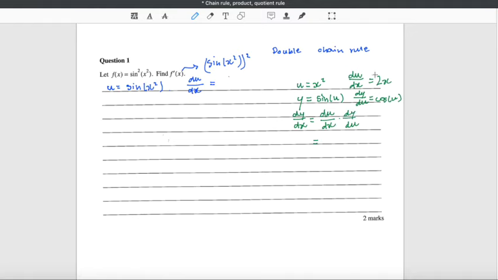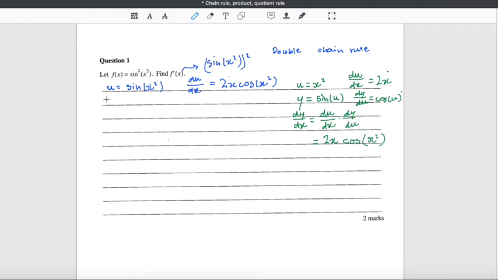Applying that in this case means it's this multiplied by this. So du dx is 2x times dy du, which is cos of u. So that's 2x times cos, where u is x squared. Hopefully you can see how we have to use the chain rule twice here just to get to this answer, which is the derivative of sine of x squared. So we know that this here, du dx, is 2x cos x squared.